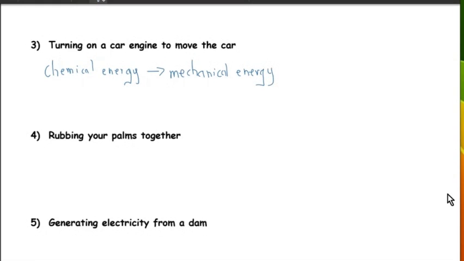But when you start a car, this mechanical energy can be used to produce other forms of energy. So whilst the engine is turning, you would hear some sound. So we have some sound energy. And then you would also have some form of heat energy being produced at the same time.